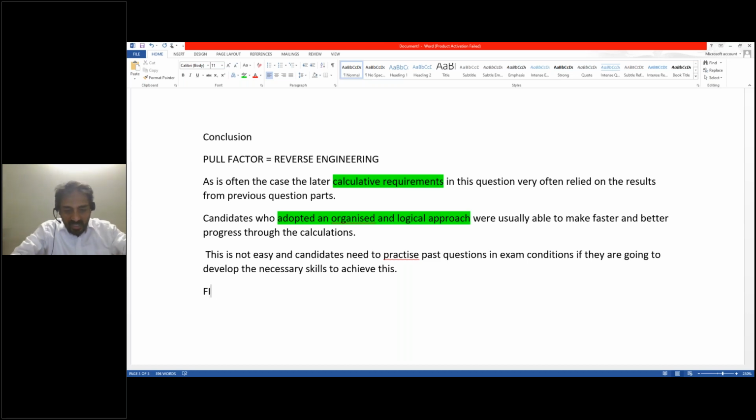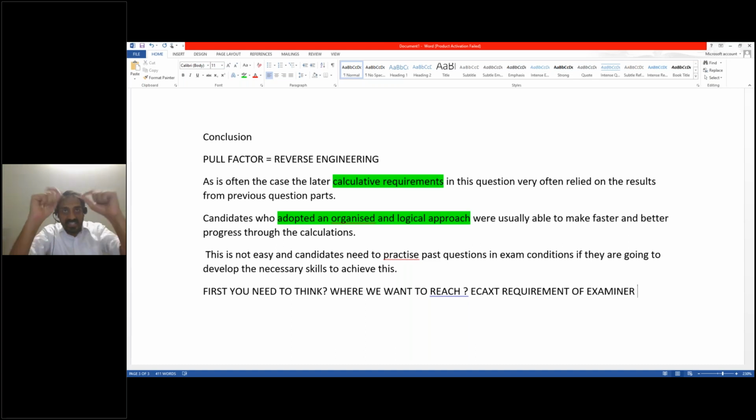It means first you need to think where we want to reach, meaning the exact requirement of the examiner.